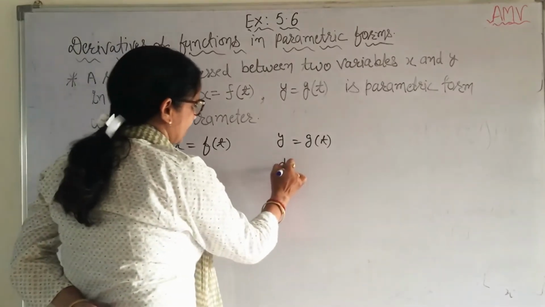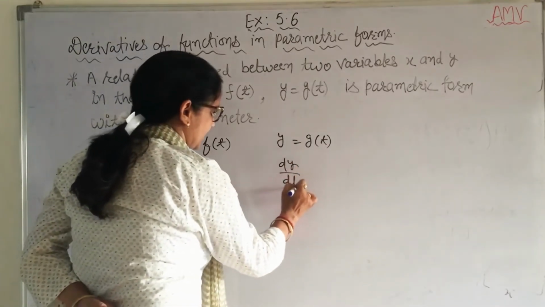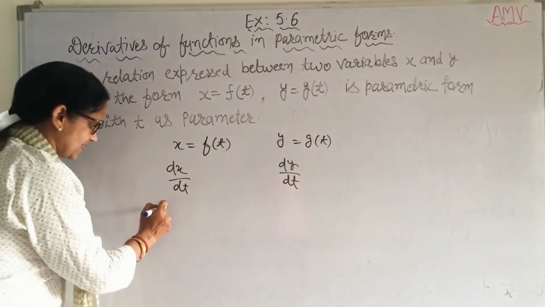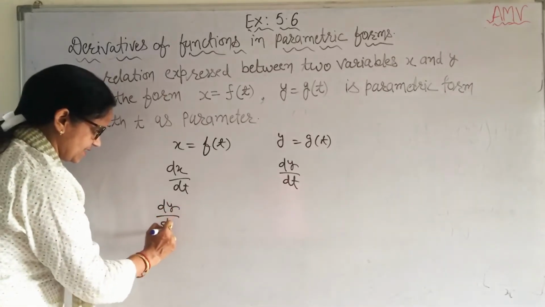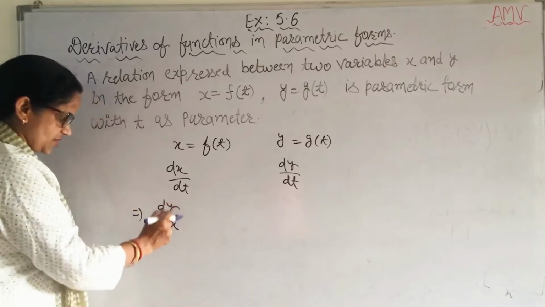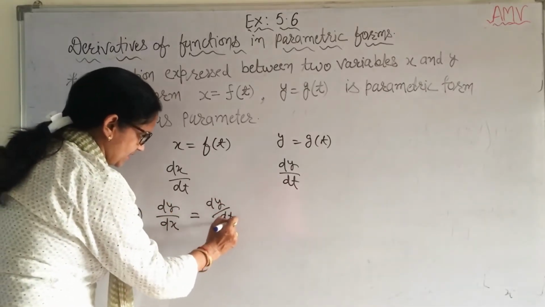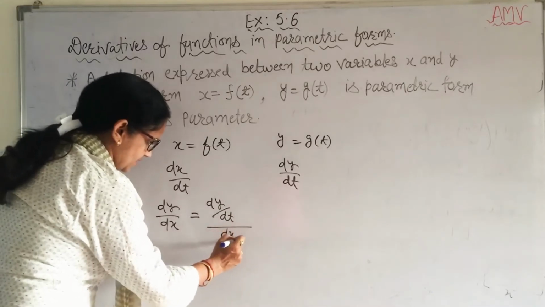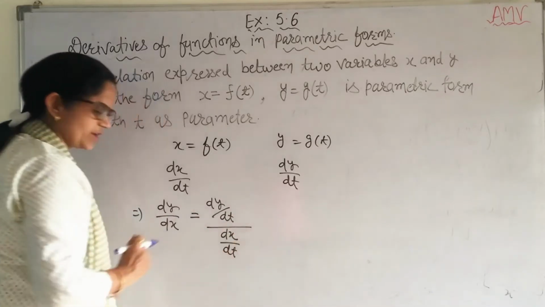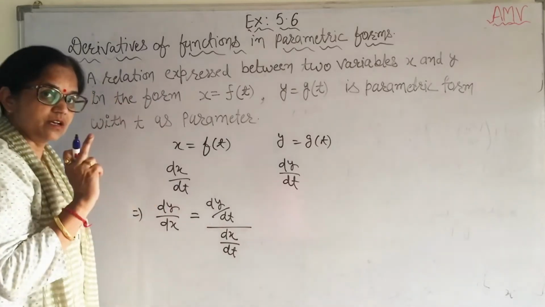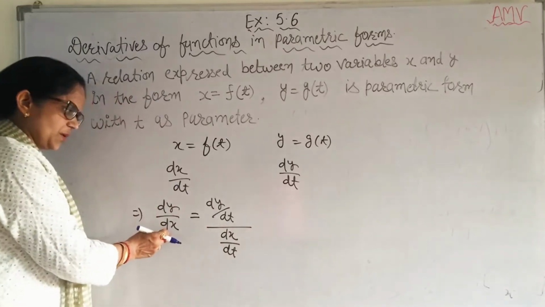And here find dy by dt, derivative with respect to t, and then after dy by dx. Okay, so dy by dx would be dy by dt upon dx by dt. Okay, and we can find the derivative of function y with respect to x.